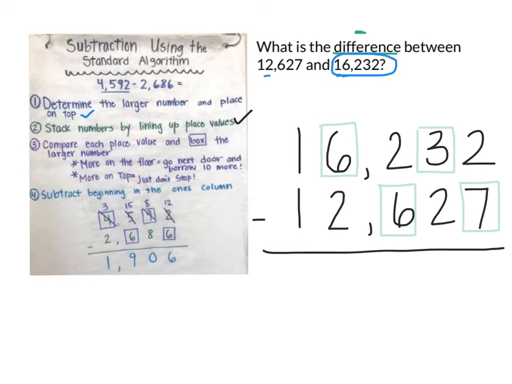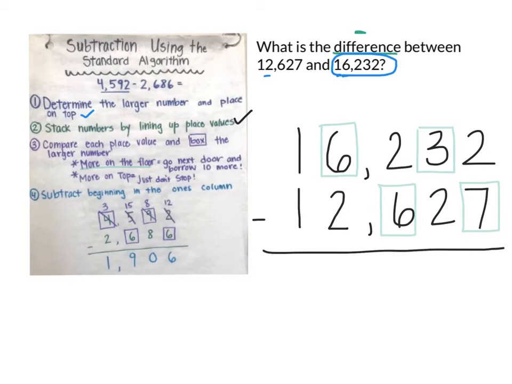Boxing the larger value in each place value helps me visualize what I will have to do before we subtract. So I know that if I have more on the floor, which means my greater value is on the bottom, it tells me that I need to go to the next place and borrow 10 more.